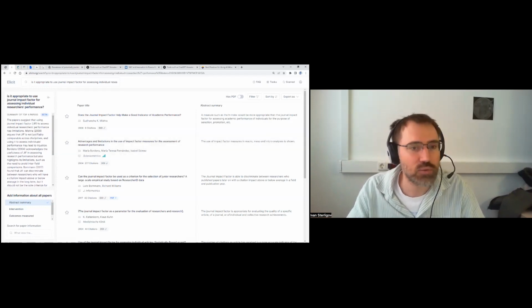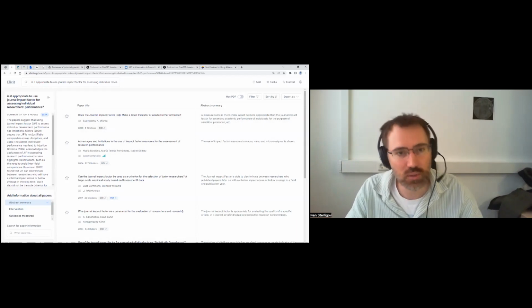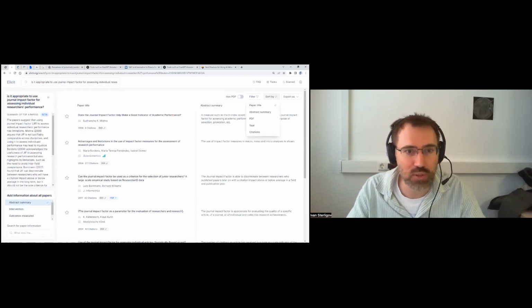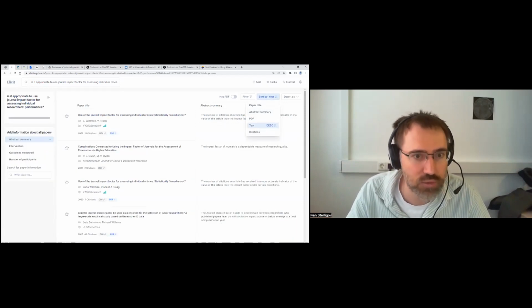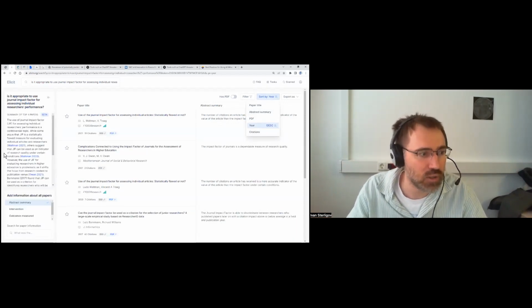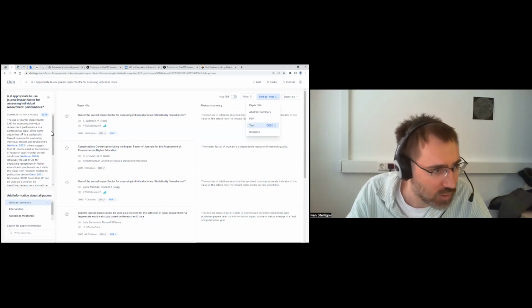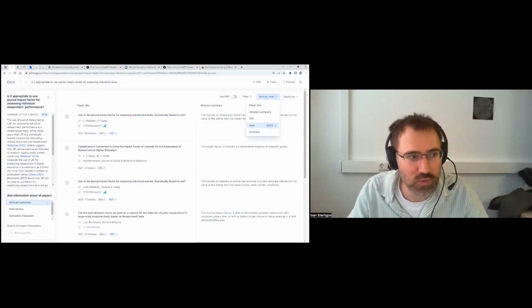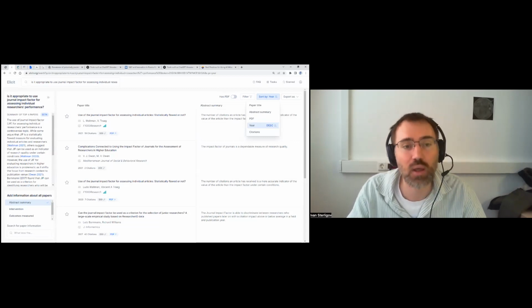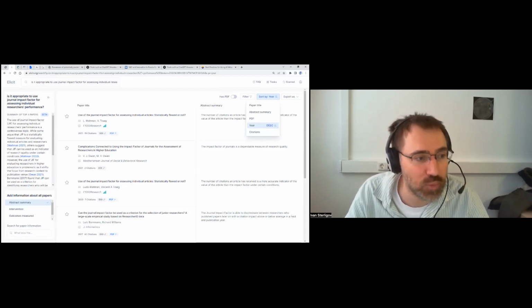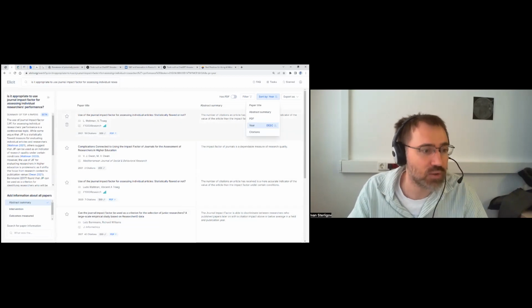We can resort these papers, for example, using year. So, and this summary magically changes. So now we've sorted the papers using their publication year. So these are the recent papers.